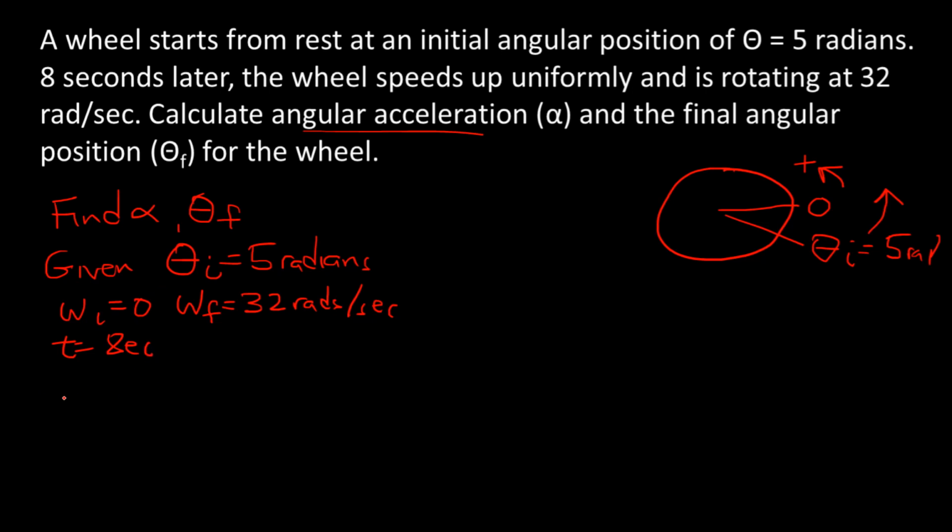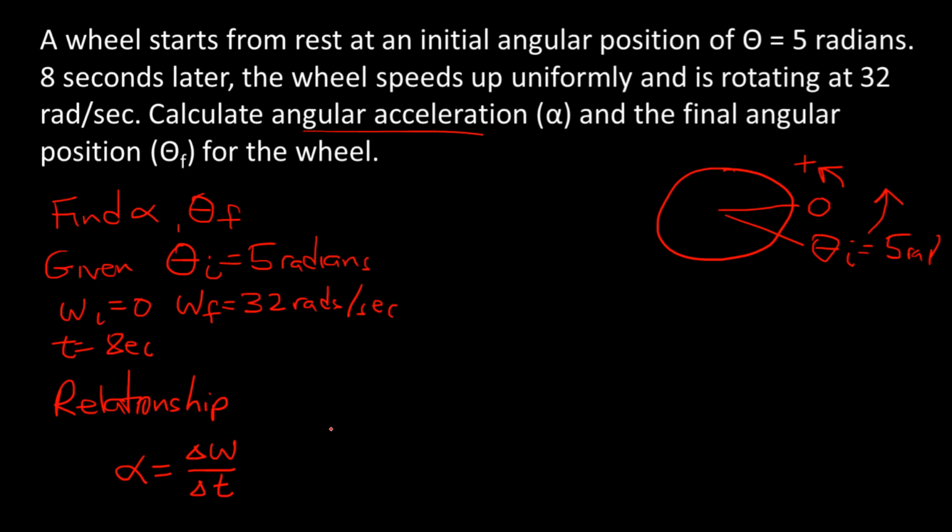Let's see what our relationships are. I'm looking for alpha. I know that alpha is equal to my change in omega over my change in time, at least for the average value. I want my final angular position.